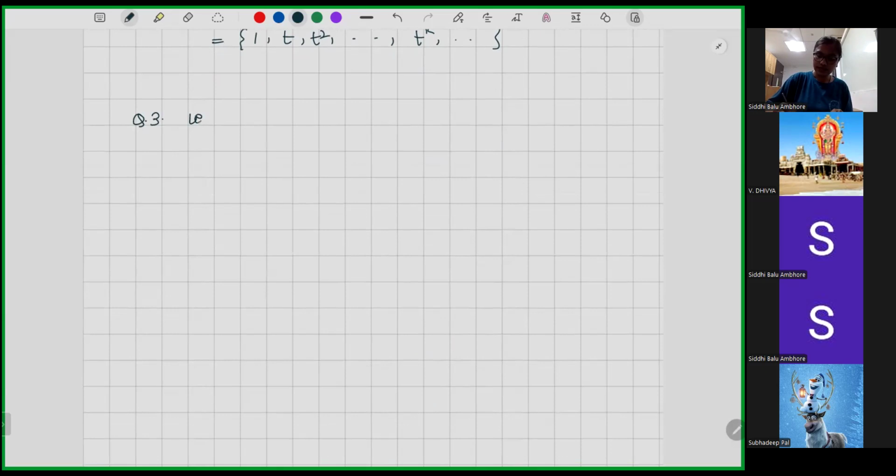Let X be equal to Spec of Z[1/2]. So this is a localized ring. I will give a definition.